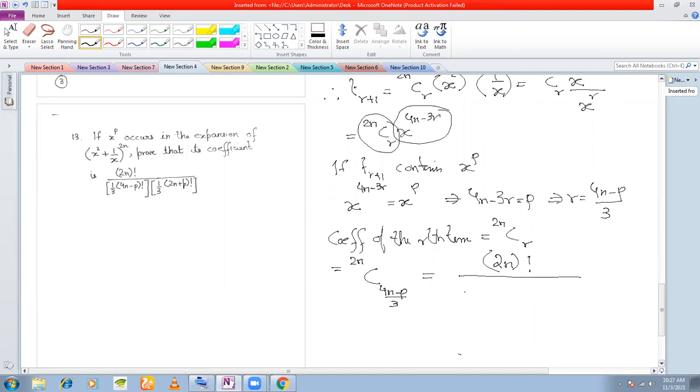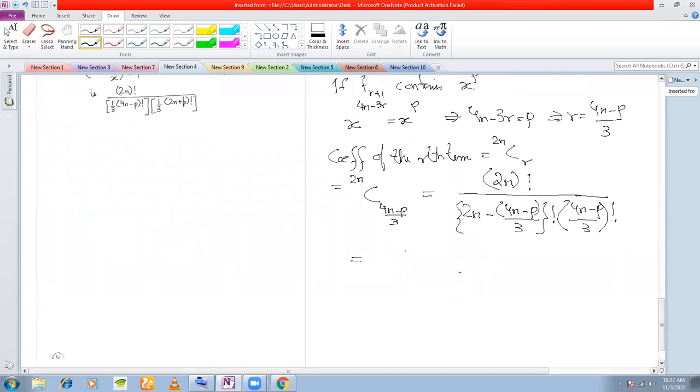Factorial n by factorial r into factorial n minus r, which is 2n factorial divided by 4n minus p by 3 factorial into 2n minus 4n minus p by 3 factorial, right?